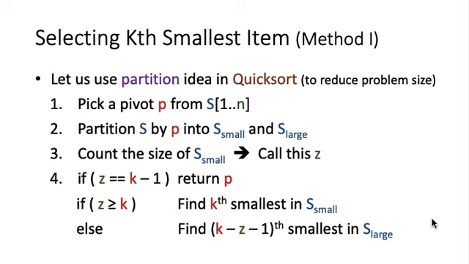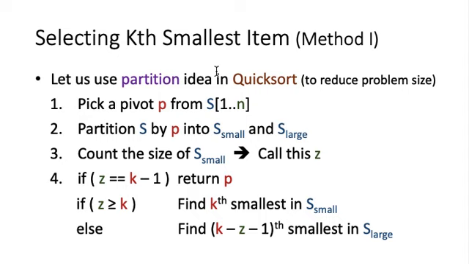Okay, so let us take a look at our first idea. We are going to make use of the partition idea that we use for solving quicksort and apply it here to find the kth smallest item. The partition idea in quicksort was choosing a certain pivot P and partitioning the original n items into two groups, so that we can make the original problem into smaller subproblems.